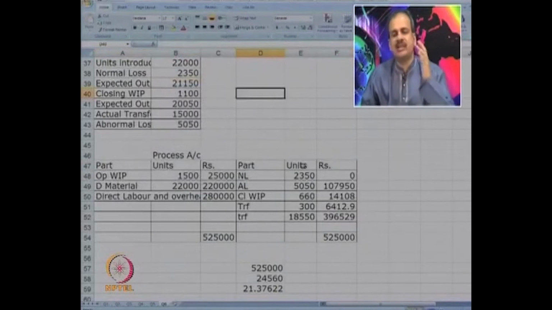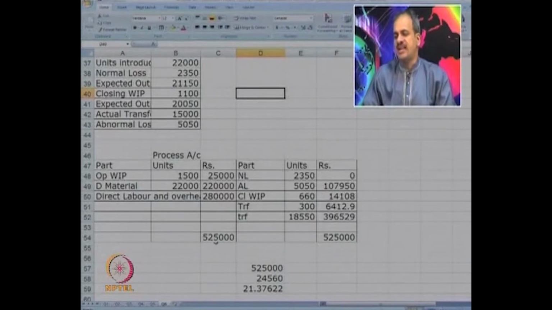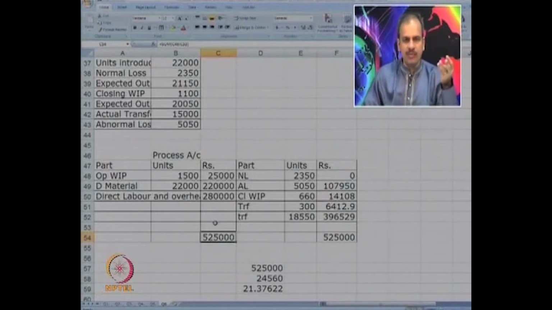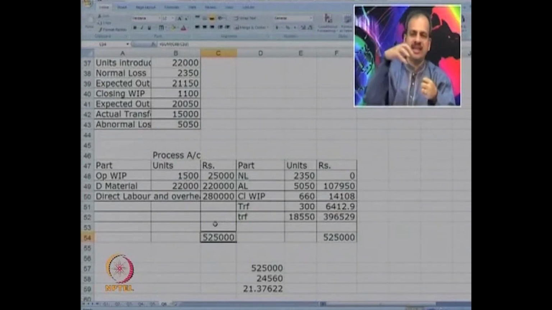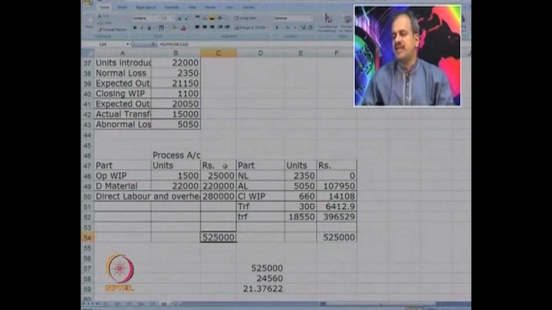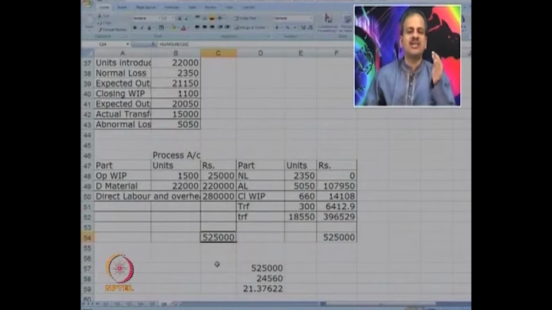I hope everyone is getting the picture clear. Okay, so now we have seen the cost side. Total cost is coming to, I have taken the sum of these three items. The cost consists of opening WIP, that is the semi-finished units as they were there in the beginning, plus direct material was added, plus labor and overheads was added. So if you take the sum of all this, the total cost comes to 5,25,000.